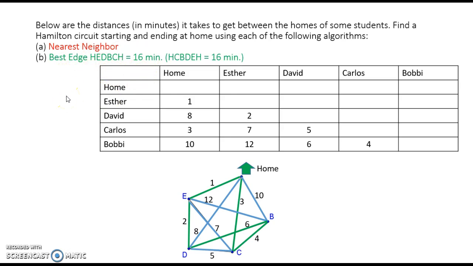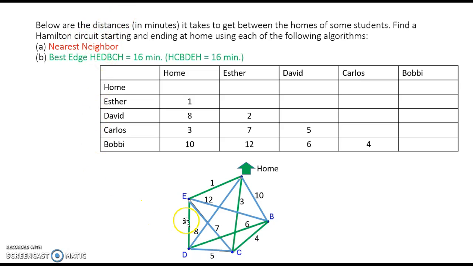So why don't we always just go with the best edge? Well, sometimes the nearest neighbor gives us a better path, and sometimes the best edge gives us a better path. So it's nice to have two approximations. And it's very possible that there's a third path that's even better than both of these.